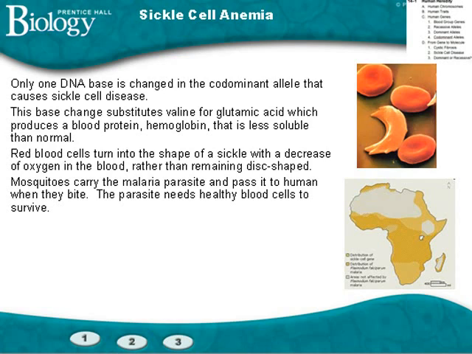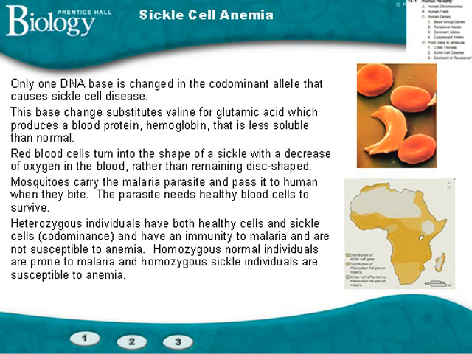Now, the parasite that causes malaria is carried by the mosquito to a human, and when the mosquito bites, the parasite enters the blood cells. Now, the parasite needs healthy blood cells to survive.